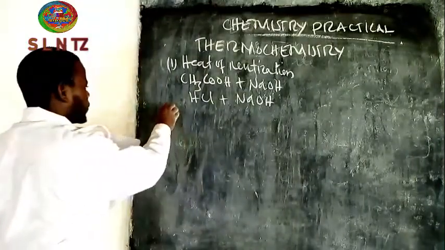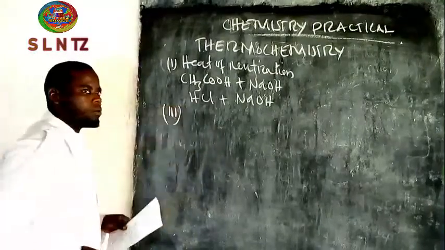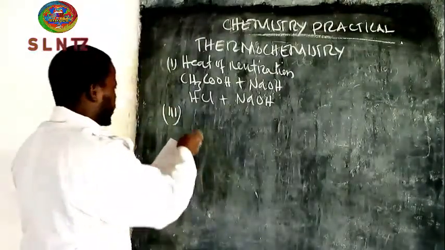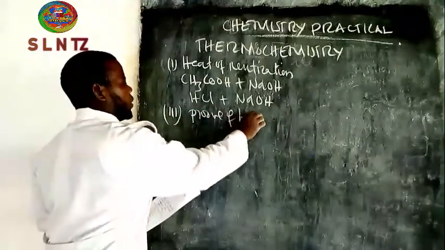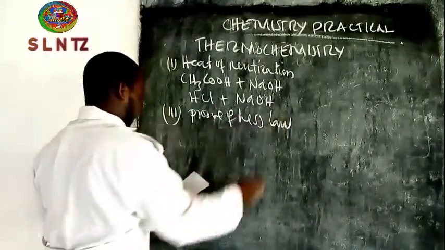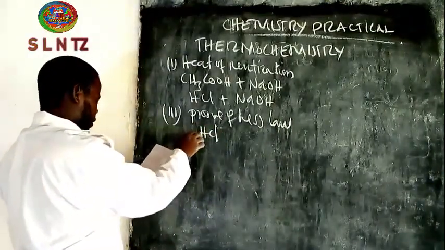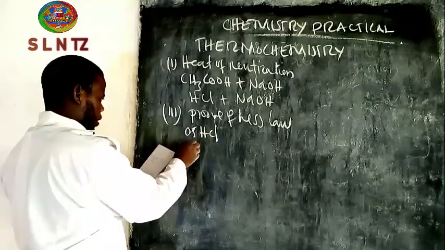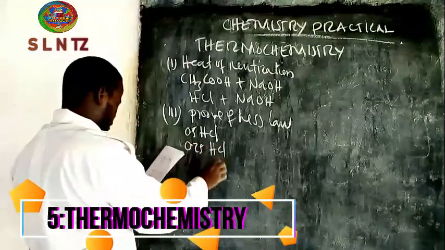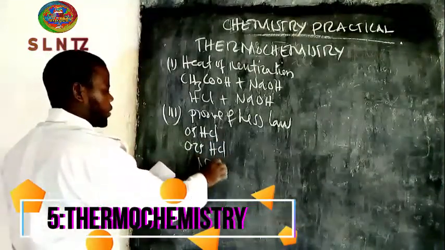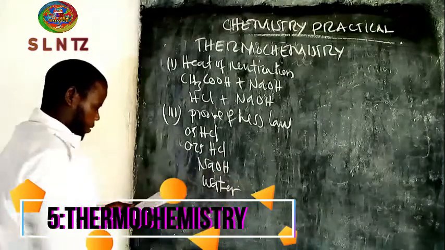But number two, you have to be aware and concentrate on the question: proof of Hess's law. Here you have hydrochloric acid in different forms, another hydrochloric acid, also sodium hydroxide, and water.